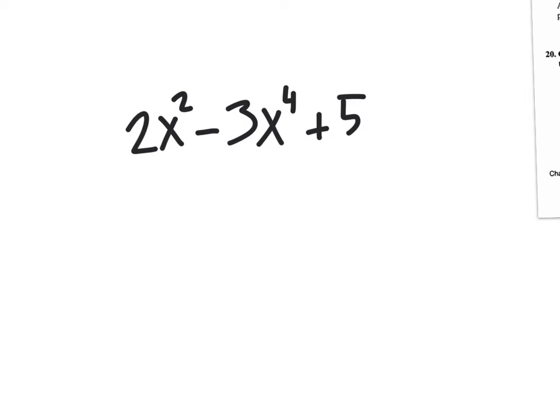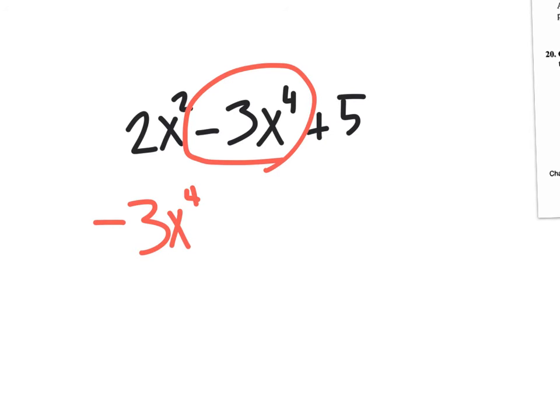Is it in standard form? No, definitely not in order, right? So what are we going to do? Take this guy right in the front. Highest exponent. So it's going to be a negative 3x to the fourth plus 2x squared plus 5. That's standard form.